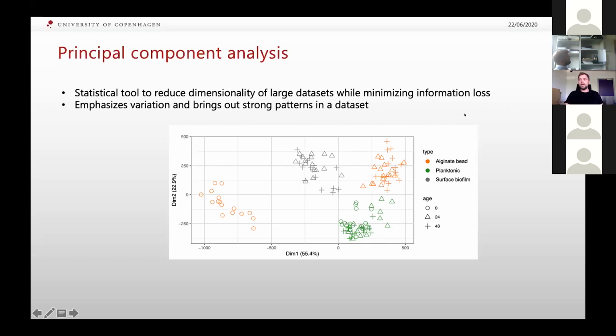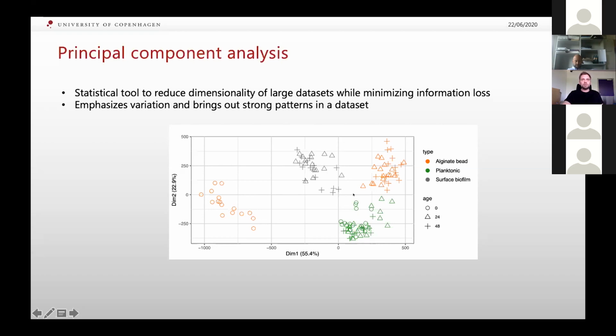And generally the age of the model did not seem terribly important when grown like this, except for the freshly inoculated alginate beads that clustered independent of all others. But this condition is also different from all the others since they are embedded as single cells, but are stuck so they can't swim around in the alginate matrix.